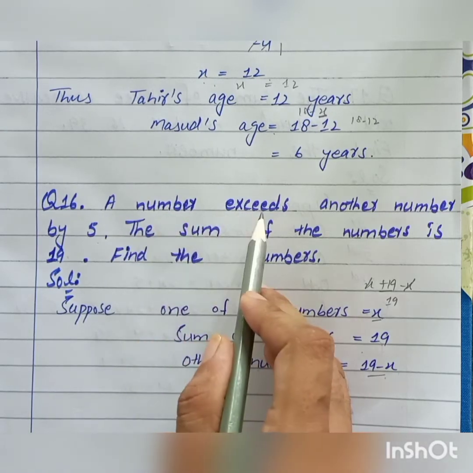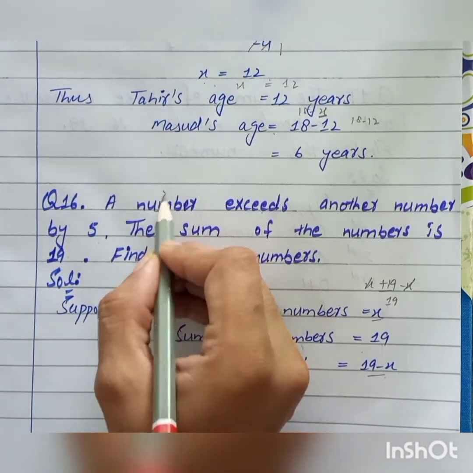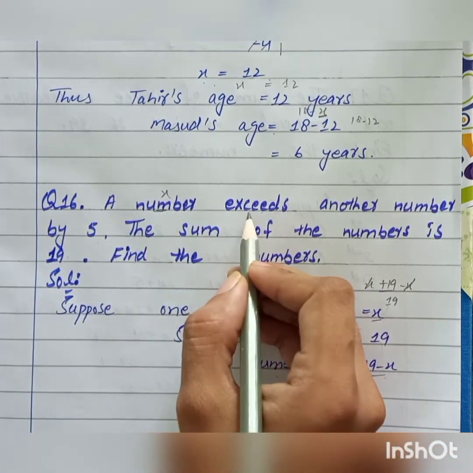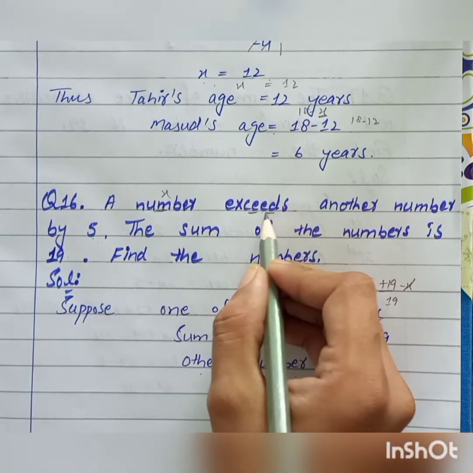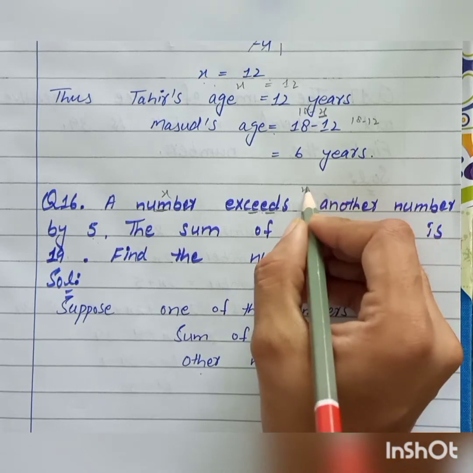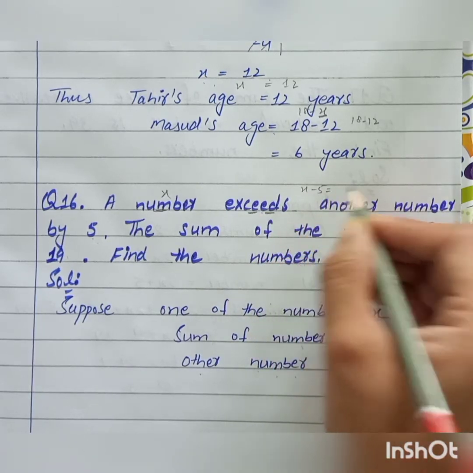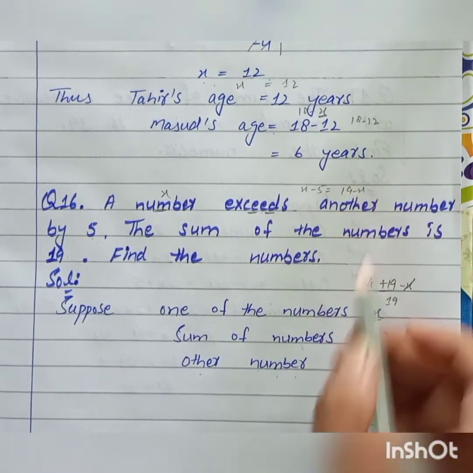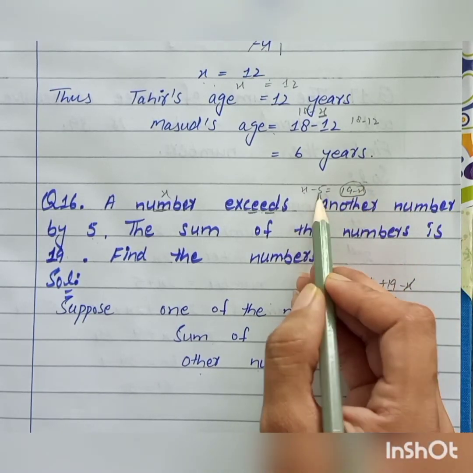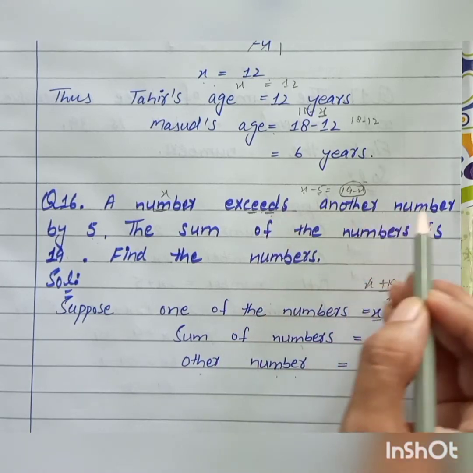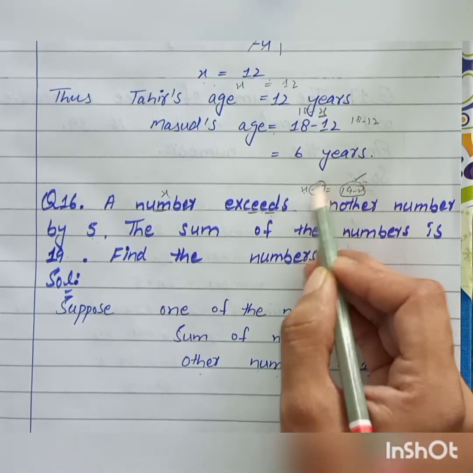So a number that exceeds means the first number, x, exceeds the other number by 5, which is 19 minus x.